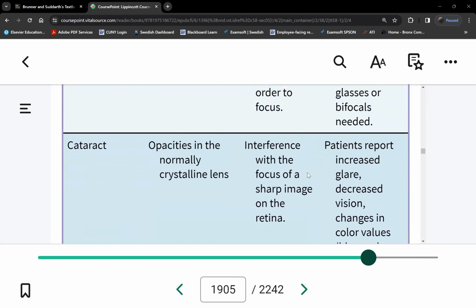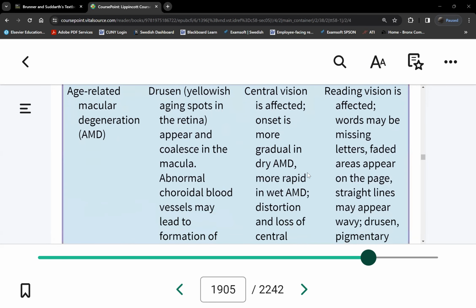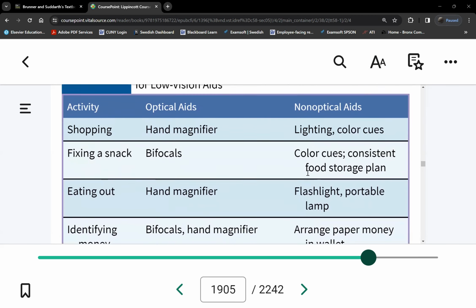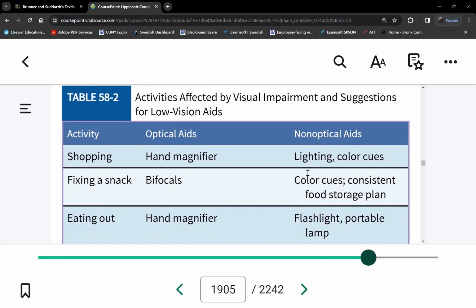We will talk about cataracts, macular degeneration in the next few pages. Here are some aids that the doctor will prescribe to the patient with presbyopia or any other patient who has vision impairment.